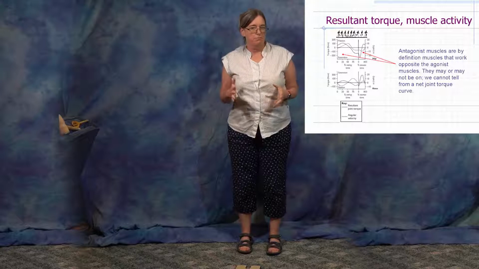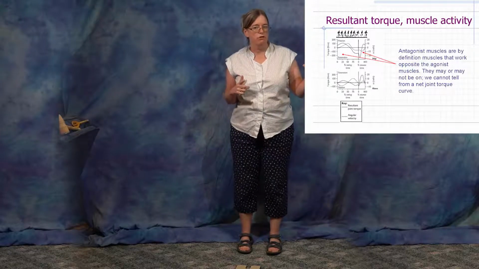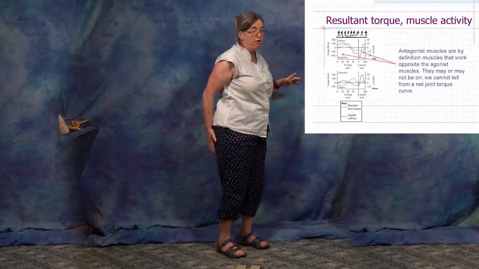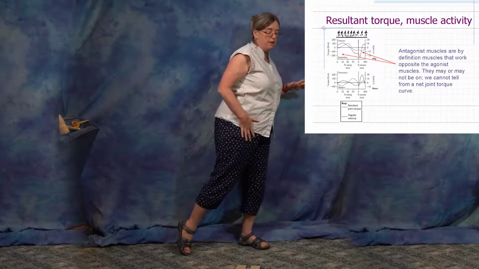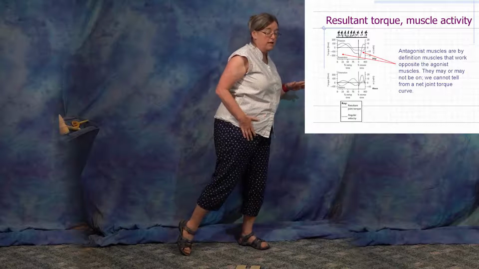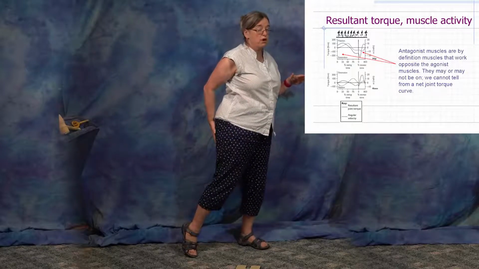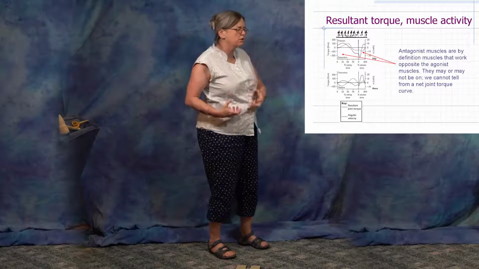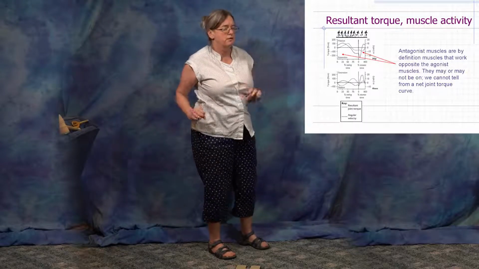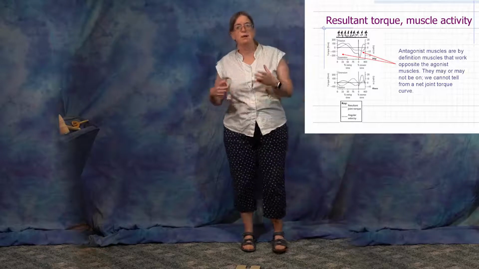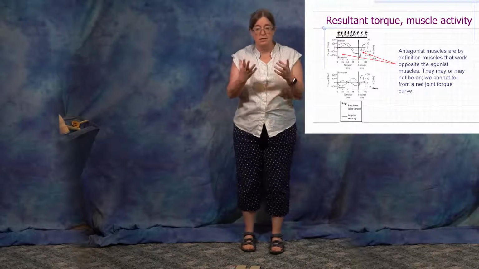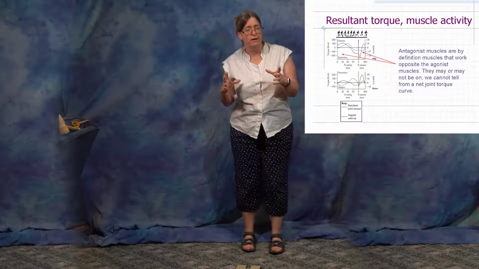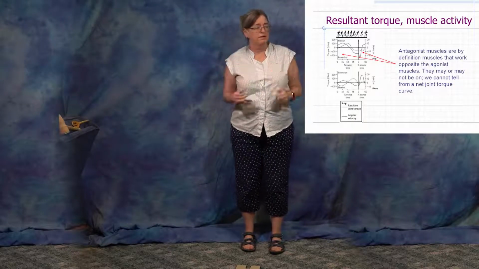And they may or may not be on. You can't tell from these curves. Now, mind you, if they are on, so if I turn on my hip flexors and I also turn on my hip extensors, I actually have to turn on my hip flexors a little bit more to overcome the torque created by the hip extensors. That's why I've said it can be a little inefficient. There are times when it's appropriate, but it can be a little inefficient.